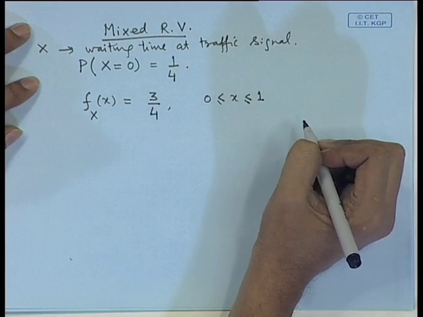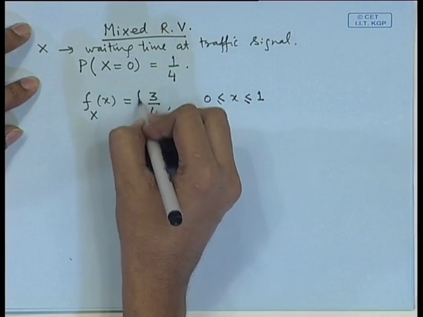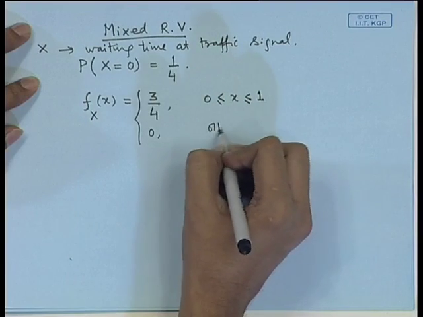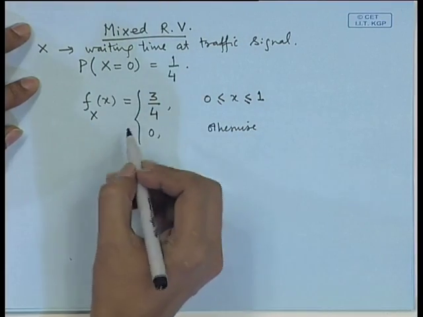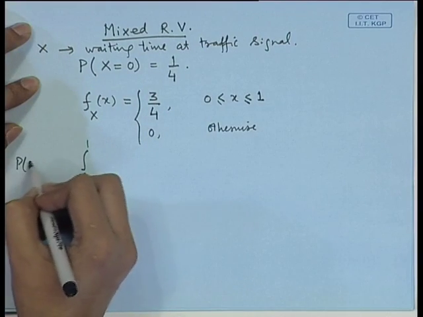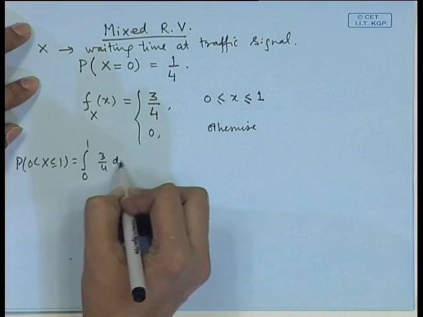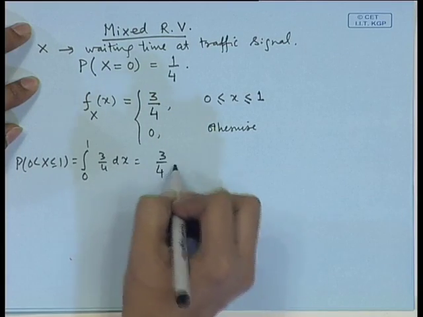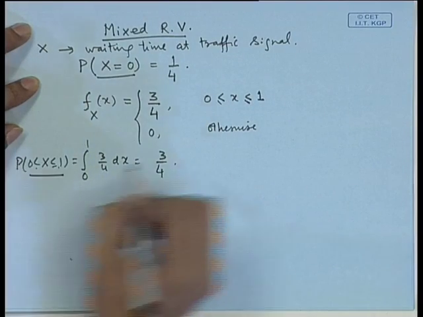He may have to wait for 0 to 1 minute. If we see the total allotment of the probabilities, in this case the probability of 0 less than x less than or equal to 1 is actually equal to 3 by 4.